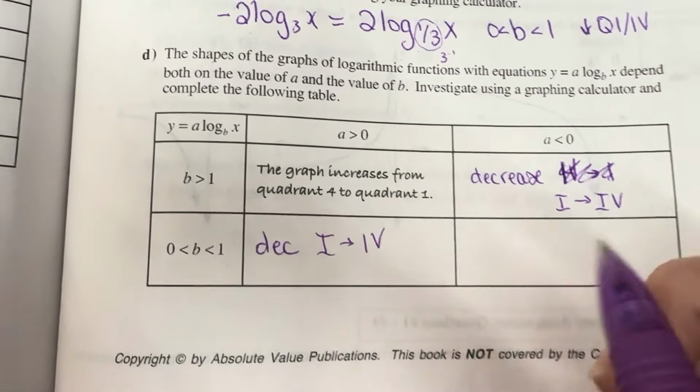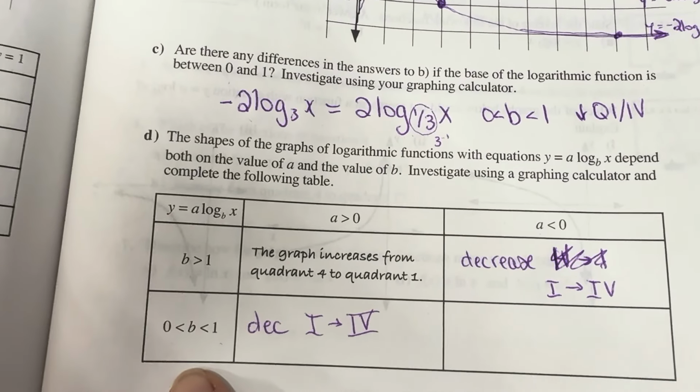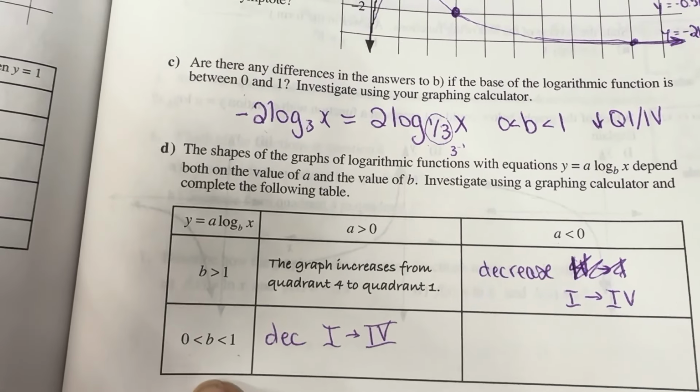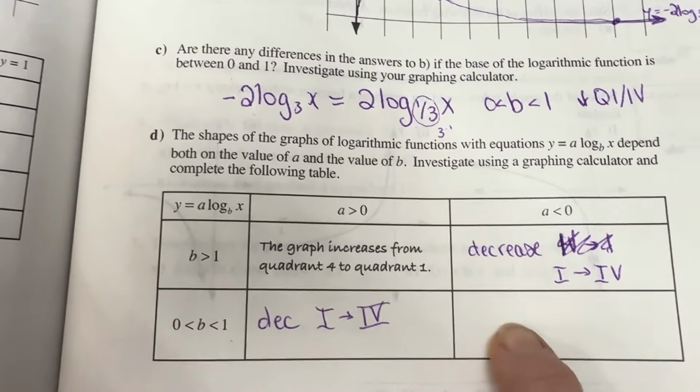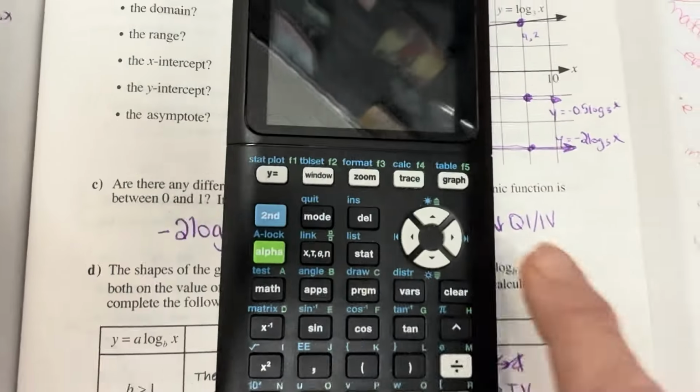And then when I had the fraction, did I do a fraction with a negative? No, I didn't. So that's less than 1 and a fraction, and my a is negative. Okay, let's do one.